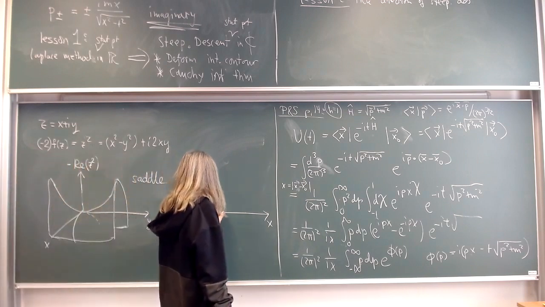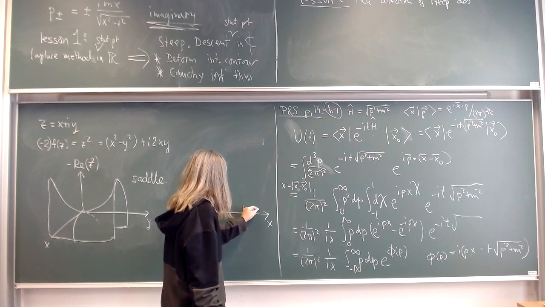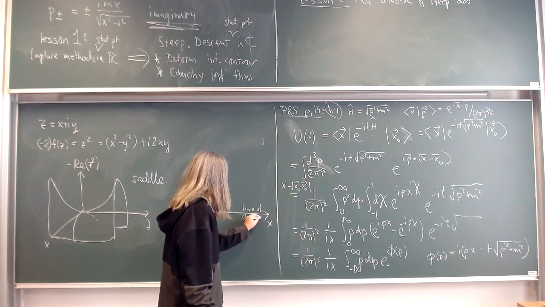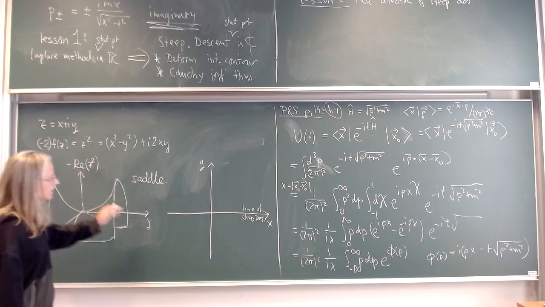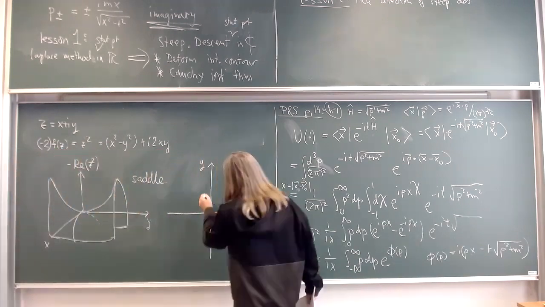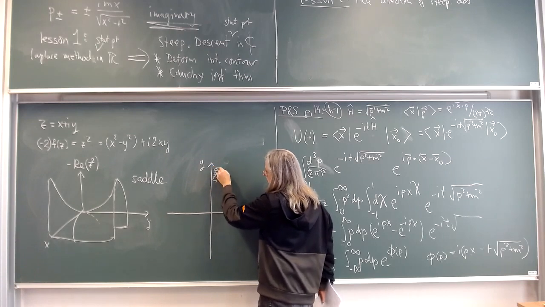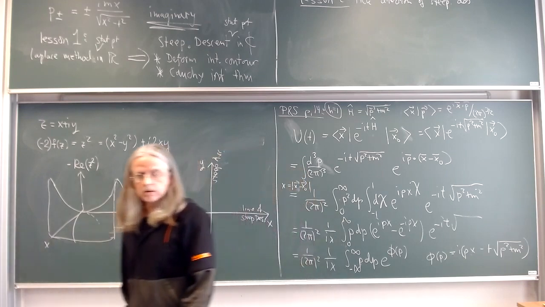So this would be a line of steepest descent here. And obviously in the y direction we will get a line of steepest ascent up here.